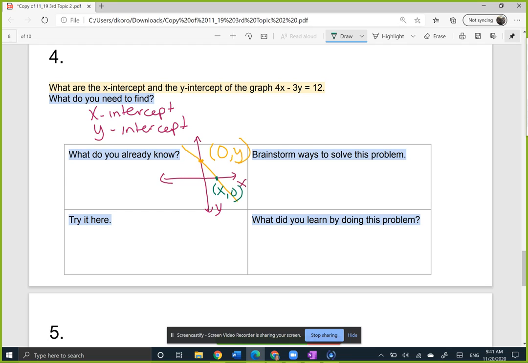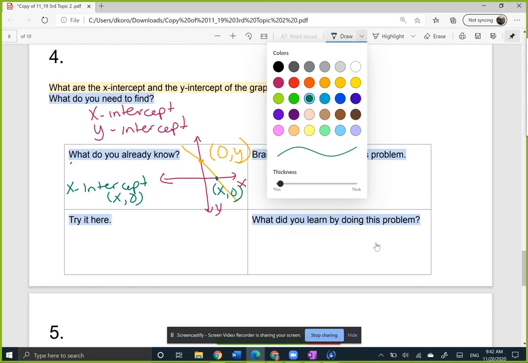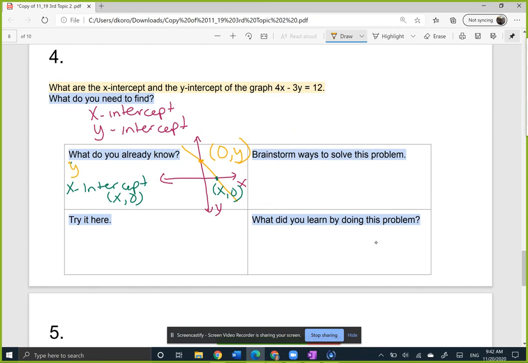Okay, so that's what I know. So my x-intercept is (x, 0). And I know that my y-intercept is (0, y).